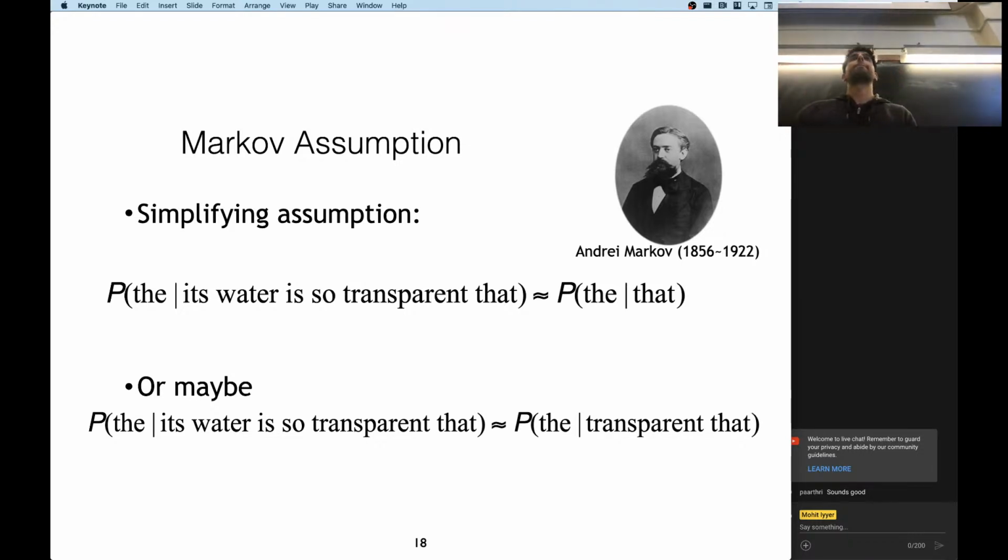If you wanted to have more words in your prefix, this is still expensive. But let's assume that we are sticking to this case where we just have one previous word.